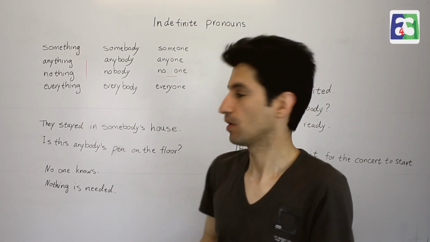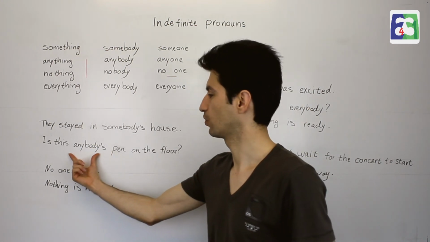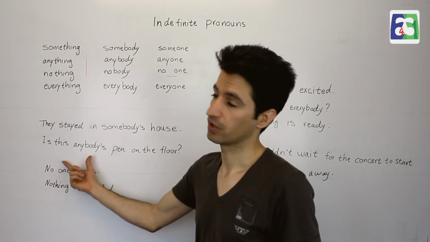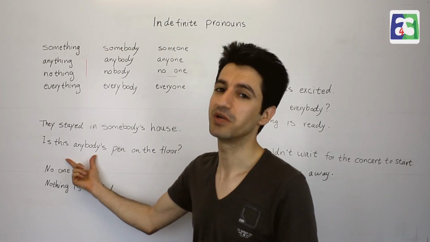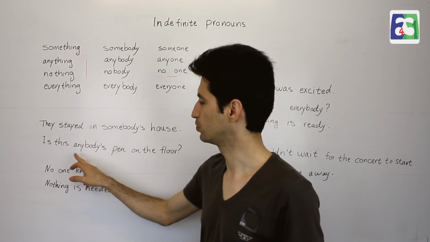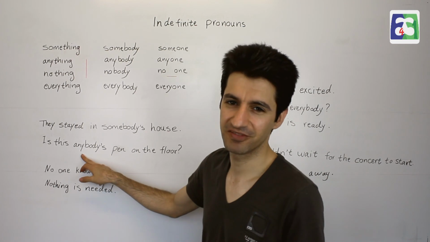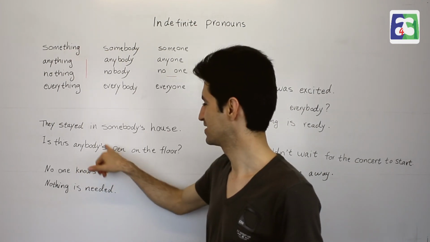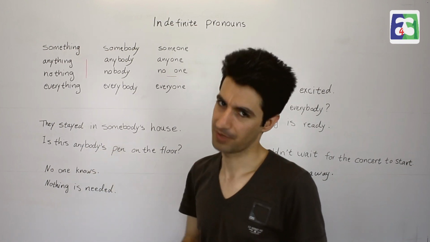I don't know who, so that's why I say anybody's. I can't mention anyone's name, but because the pen belongs to an indefinite, unknown person, I use anyone's, apostrophe s, and then pen.